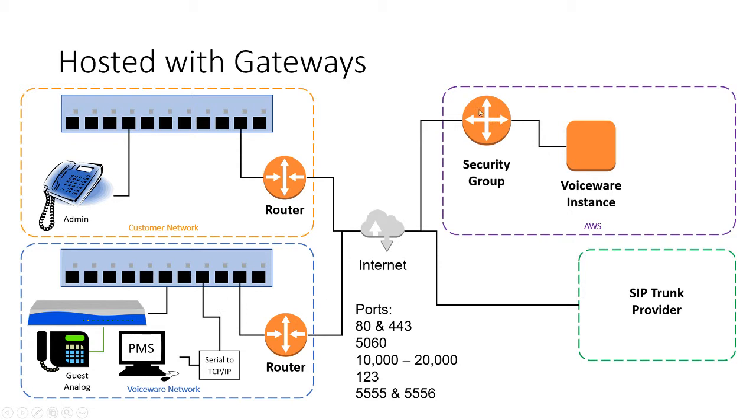If the ports you're using aren't open in your security group, that traffic gets up to here and gets blocked, and Voiceware never sees it. So your check-ins and check-outs will never hit your system. You'll need to find those ports and open them in the AWS firewall. Otherwise, this picture is identical to what we saw before, and the communication is also identical to what we've described thus far.